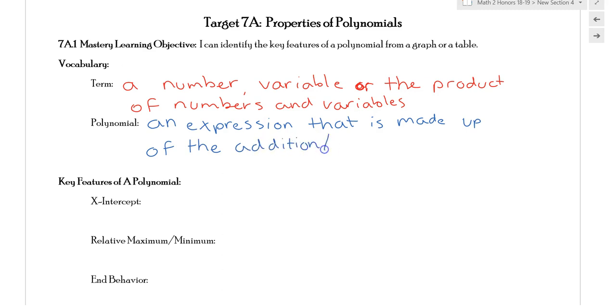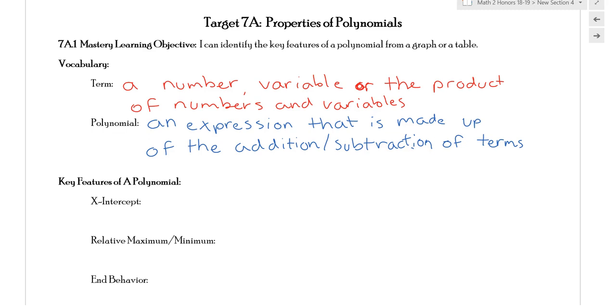Subtraction is just negative addition. Okay, so you've seen polynomials before, maybe you just haven't defined them before. A polynomial could be one term, but most often when we're talking about polynomials, we're talking about more than one. The word poly just means many.